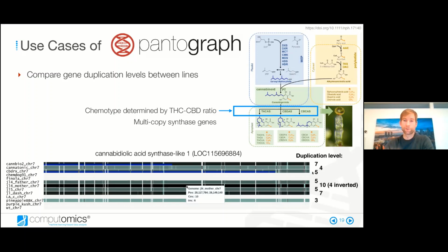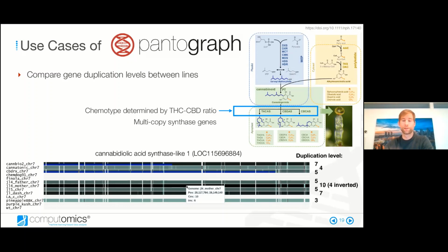And by comparing it with other lines, we made a pangenome of all the 13 publicly available cannabis assemblies. In the other lines, you see quite different duplication levels, right? From 3 up to 10.